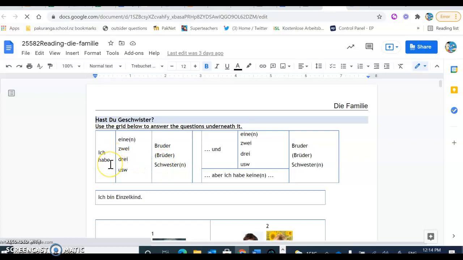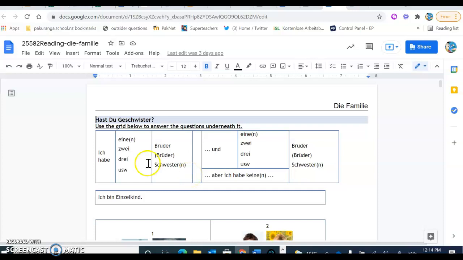So I have einen Bruder, zwei Brüder, drei Schwestern. So it's eine Schwester or einen Bruder or zwei Brüder und drei Schwestern.